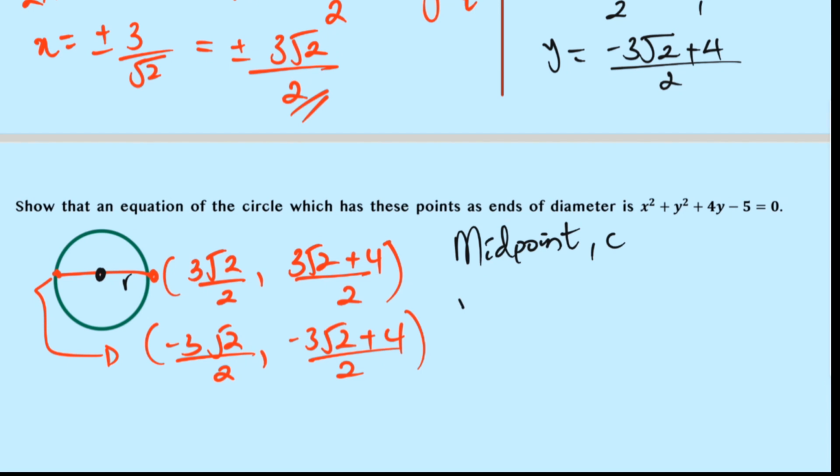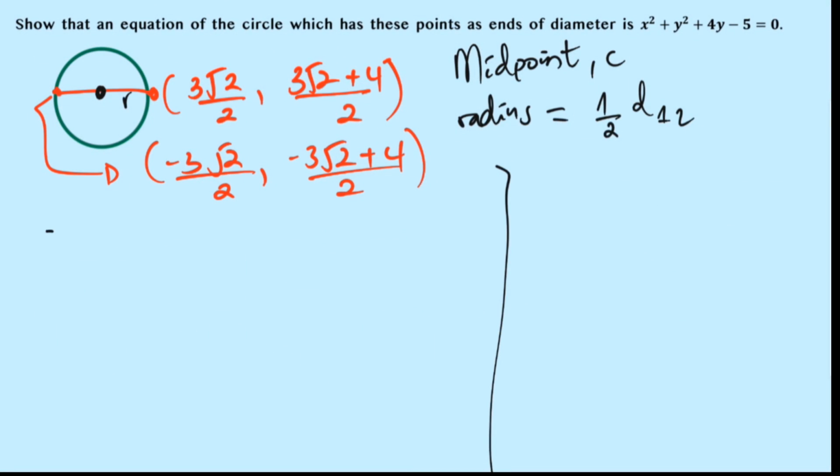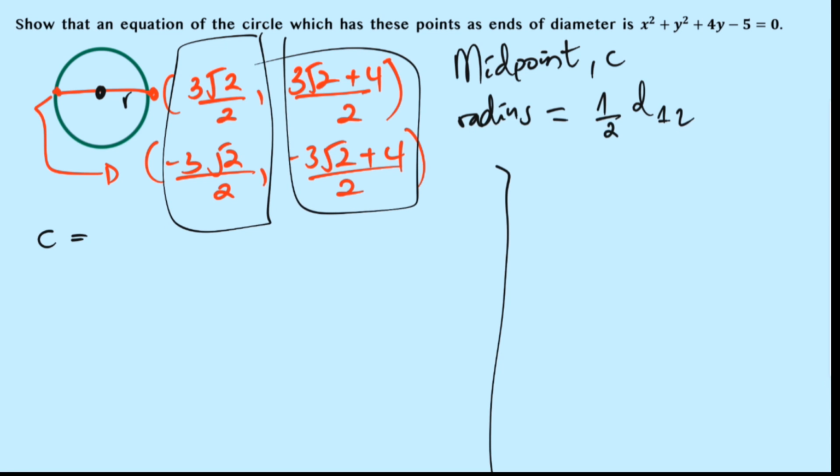The radius is equal to half the distance from point 1 to point 2. Let's just call that d1,2. The center is the midpoint, so we're basically going to add corresponding coordinates and divide them by 2.